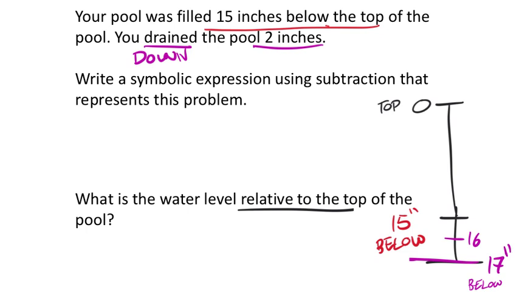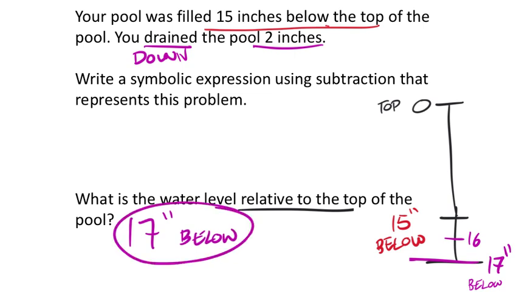I guess what I did right there, I just kind of answered the second part. 17 inches relative to the top. I'm going to put below, just so we know that it is below. It would be weird if it was above the top, because then it would overflow.